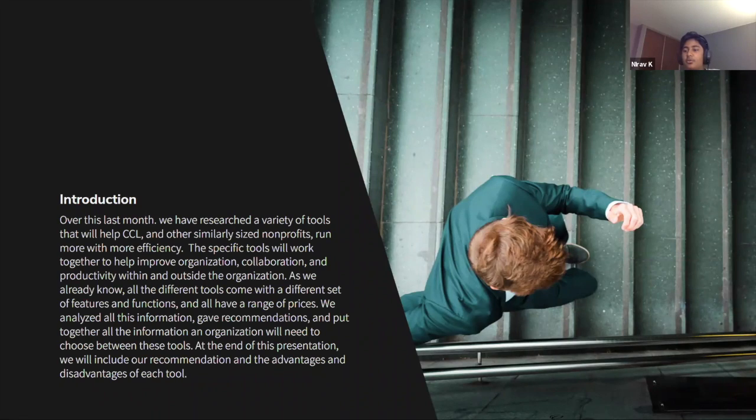So going into more depth on what we did over the last month. Basically we researched a variety of tools that will help CCL as well as other similarly sized nonprofits to run with higher efficiency. The tools we are going to mention are designed to work together to improve organization, collaboration, and productivity within and outside the organization.